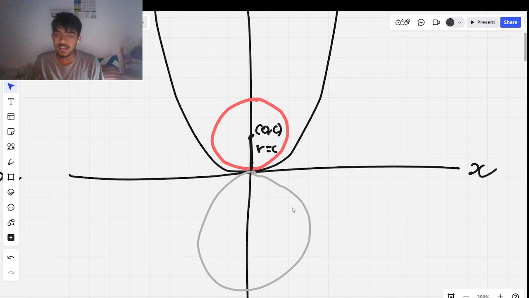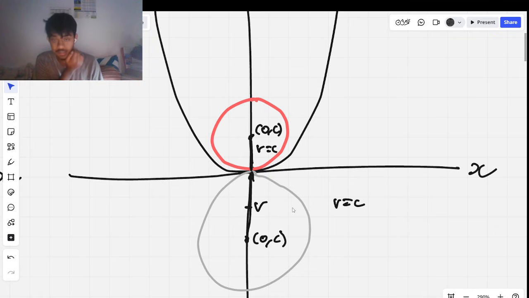So when the circle is tangent only at one point, the radius is going to be equal to c. If the gray circle is the circle that we're looking at, this will be my center, and this will be my radius. And even in this case, r is equal to c.